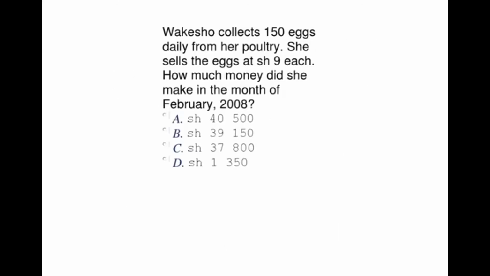Wakesho collects 150 eggs daily from her poultry. She sells the eggs at 9 shillings each. How much money did she make in the month of February 2008? So February, we know that it can be 28 days or 29.